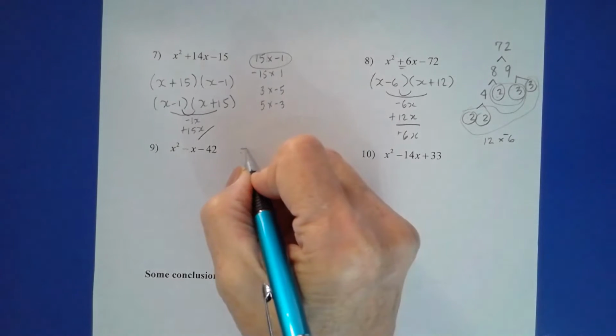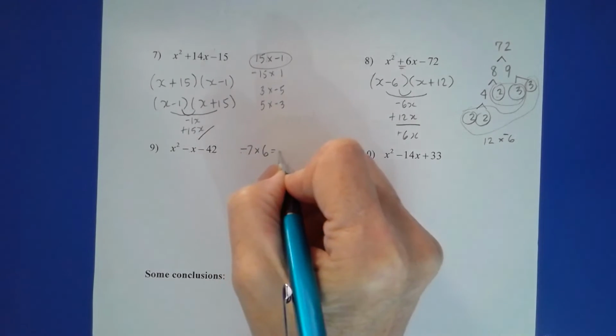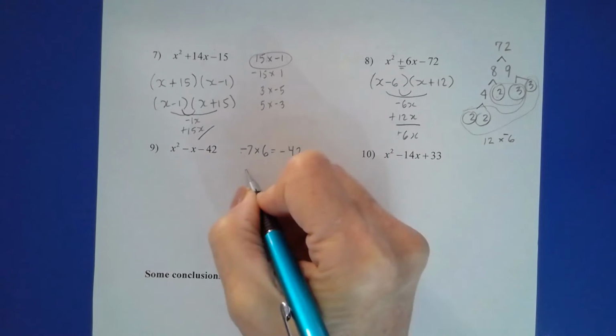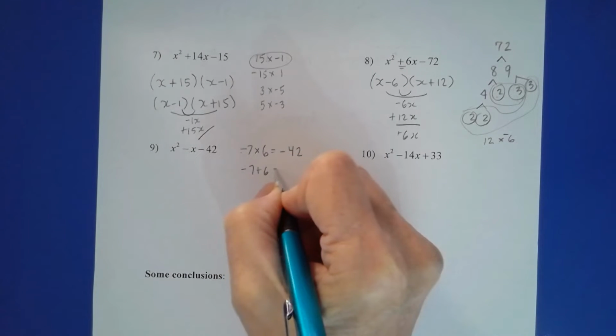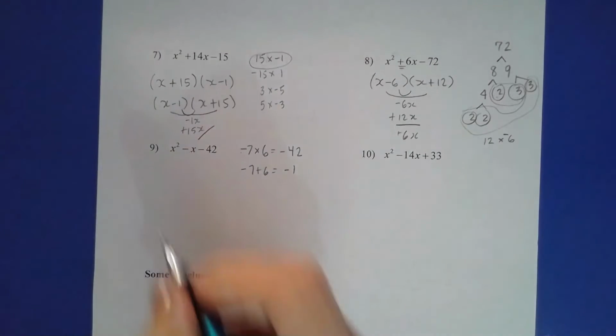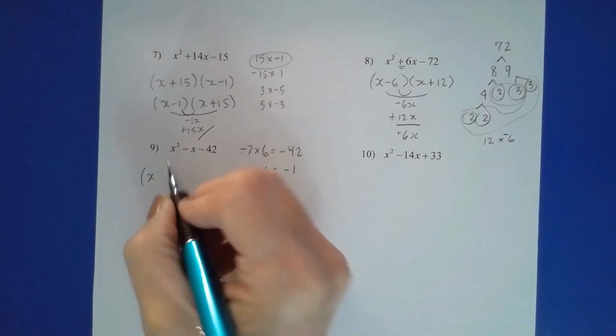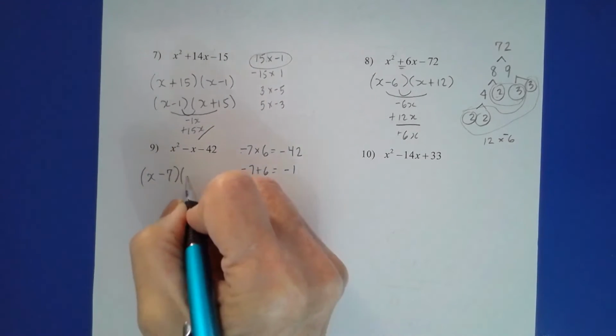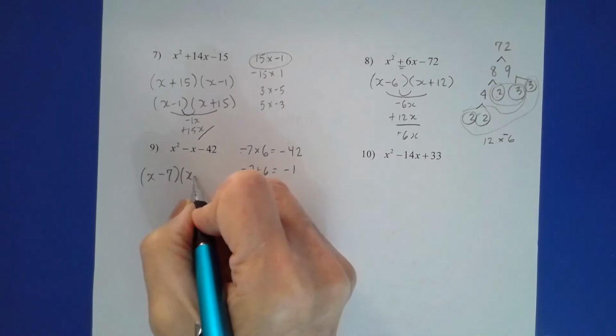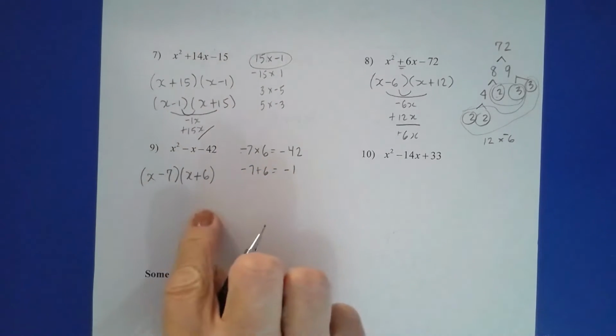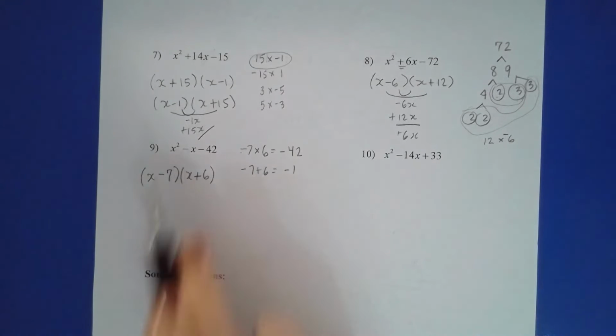Okay, so negative 7 times positive 6 will give me negative 42. And negative 7 plus 6 will give me negative 1. So this time, the smaller one had to be positive and the bigger one had to be negative because I needed a negative there.